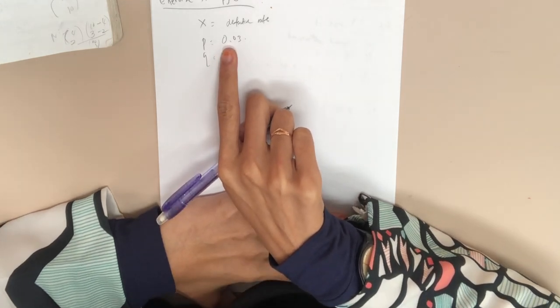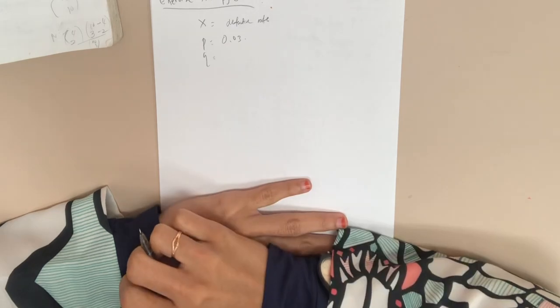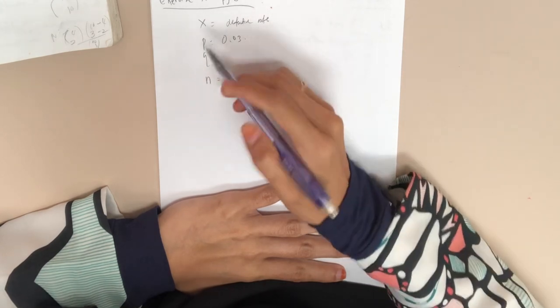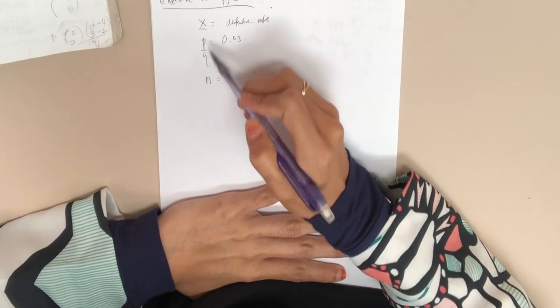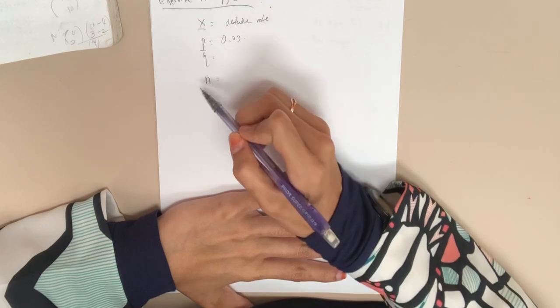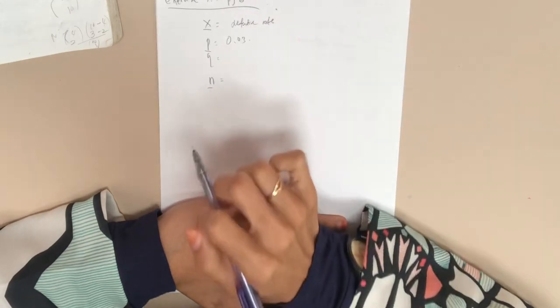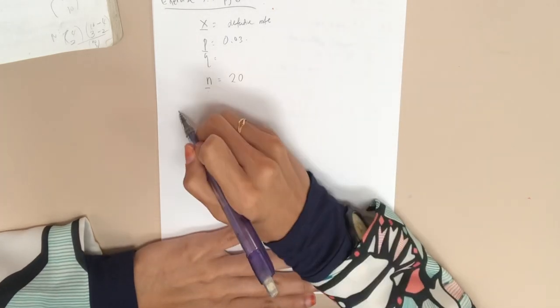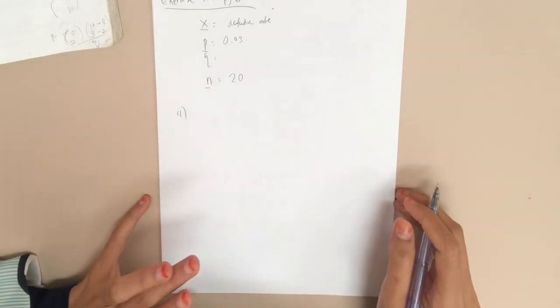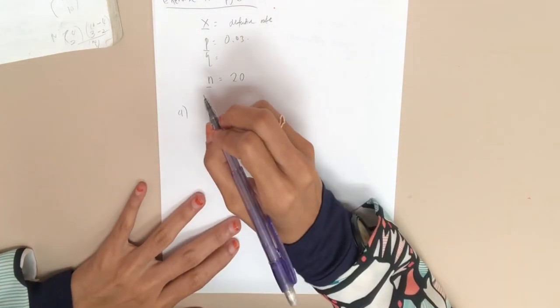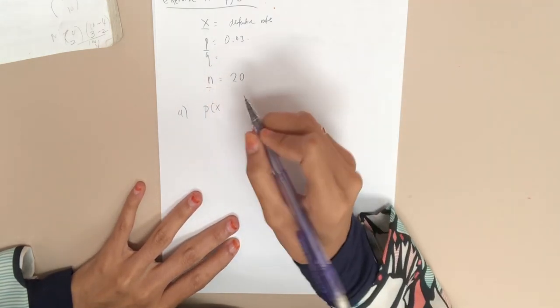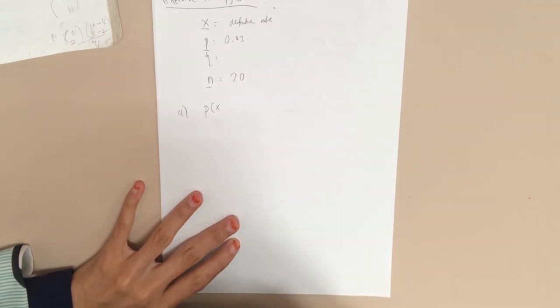Next, the inspector of the retailer randomly picks 20 items. Sorry, the three things that I mentioned are supposed to be X, P or Q, either one, and also N. N is important, and N here is 20. So question A asks you to find the probability that there will be at least one, probability of X. How to write at least?